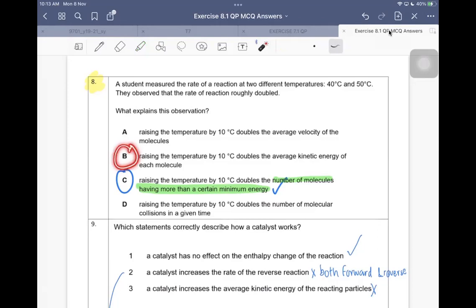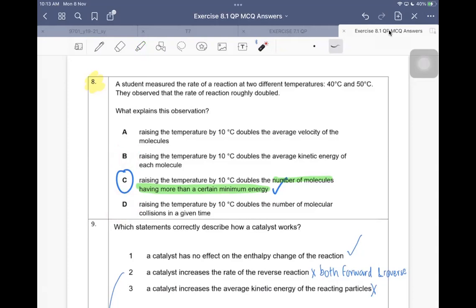Okay, so I would not be surprised if a lot of common wrong answers would be B. It's not D, because an increase in collisions is only done by increasing concentration and pressure. So you need to understand that different factors have different explanations for how they increase the rate.